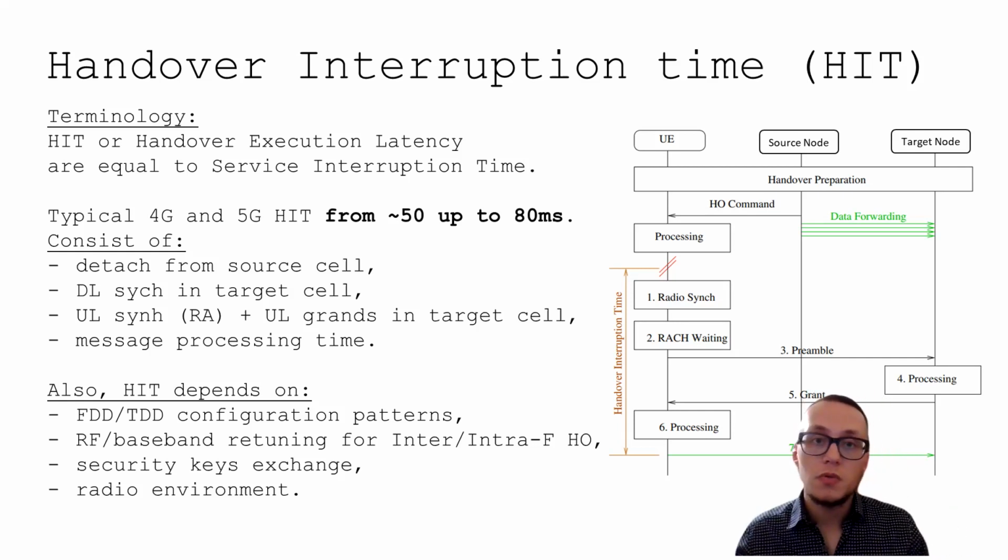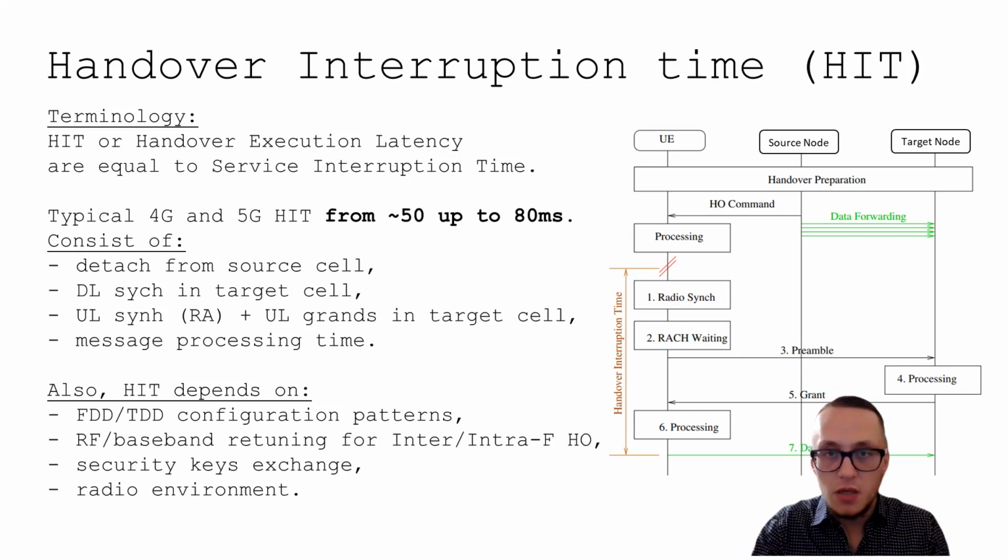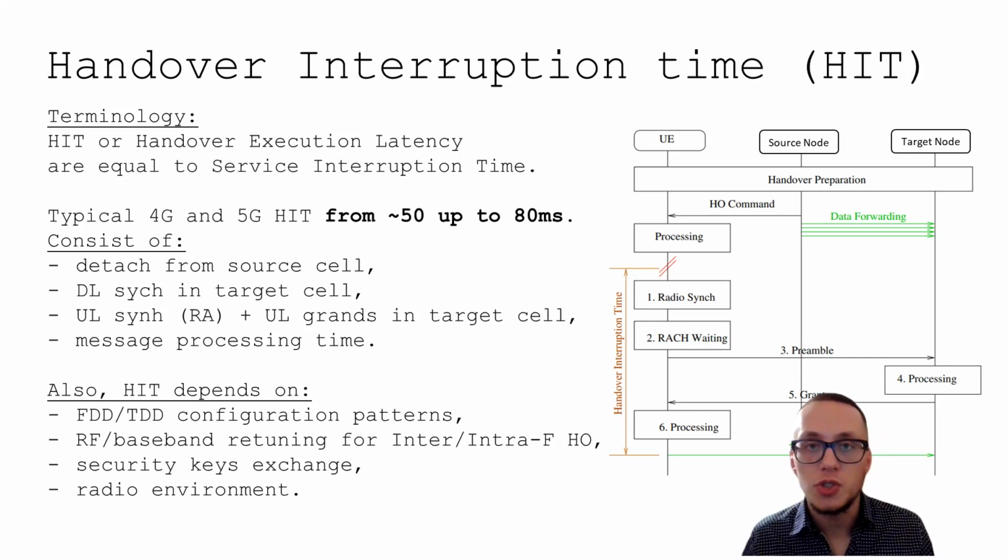Handover interruption time also depends on how well the user equipment can retune the baseband and RF part in order to perform handover, especially in the case of inter-cell, inter-RAT handovers.